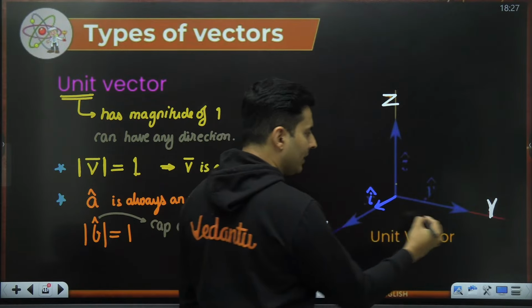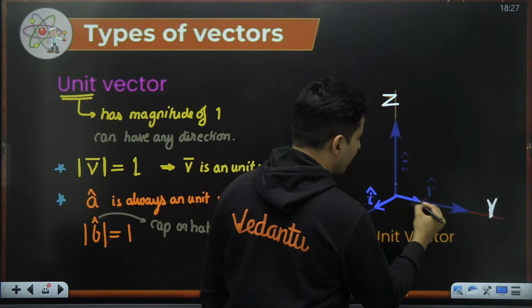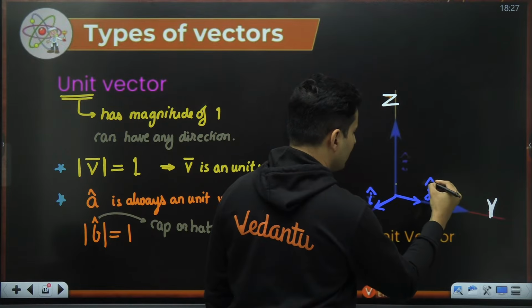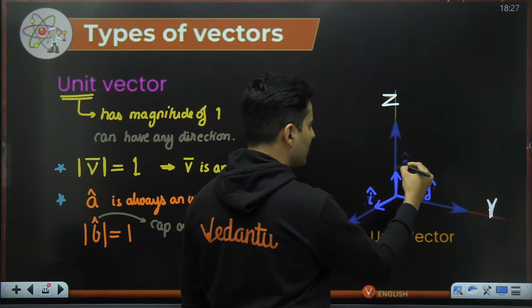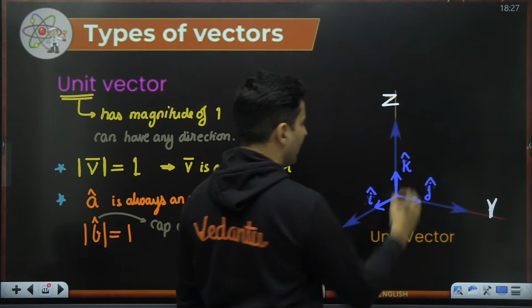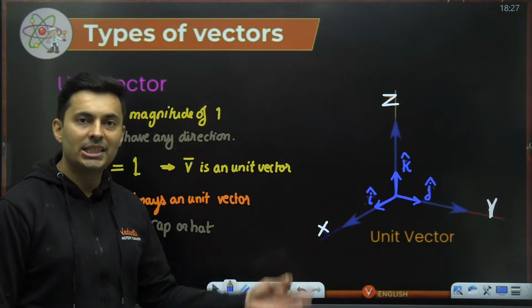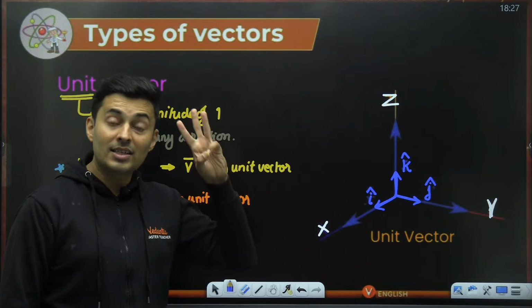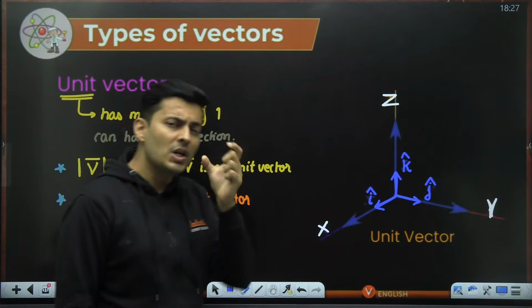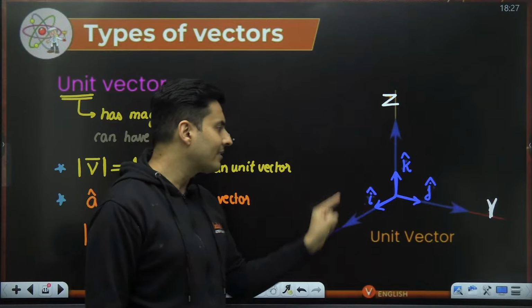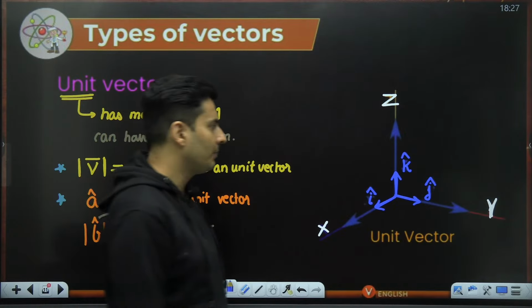A unit vector in the y-axis direction is called j cap, and a unit vector in the z direction is called k cap. So i cap, j cap and k cap are the special symbols which we use only for those unit vectors in the x direction, y direction and the z direction.